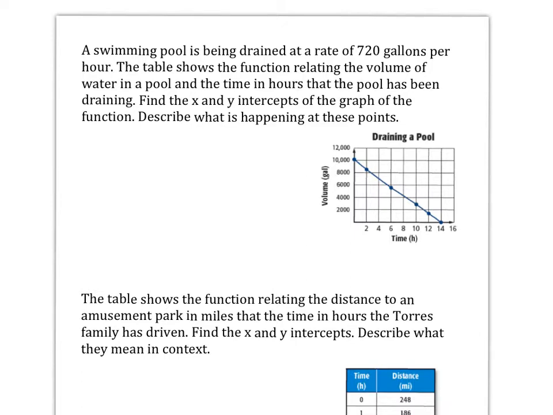As we look at our axes, the x-axis and the y-axis, I want to find those intercepts. The intercepts would be right here and right here. For the y-intercept, the value is 0 for time, and the volume looks like 10,000. So (0, 10,000).